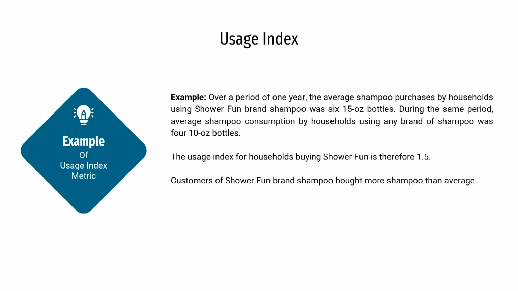So, now let us have a quick look at this example. Over a period of 1 year, the average shampoo purchase by households using the Shower Fun brand shampoo was, let us say, 6 bottles. During the same period, the average shampoo consumption by households using any brand of shampoo was 4.